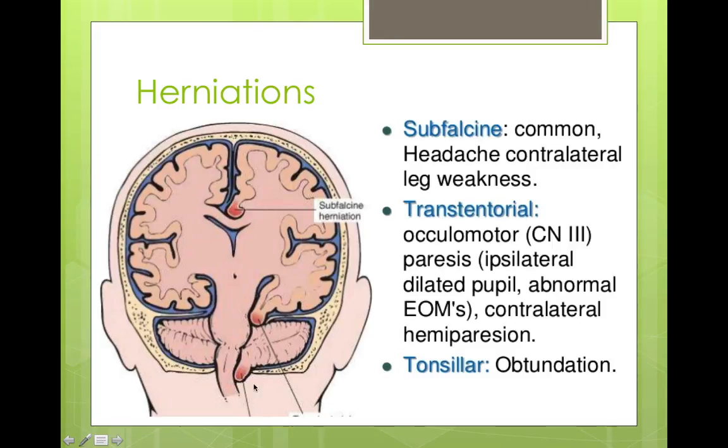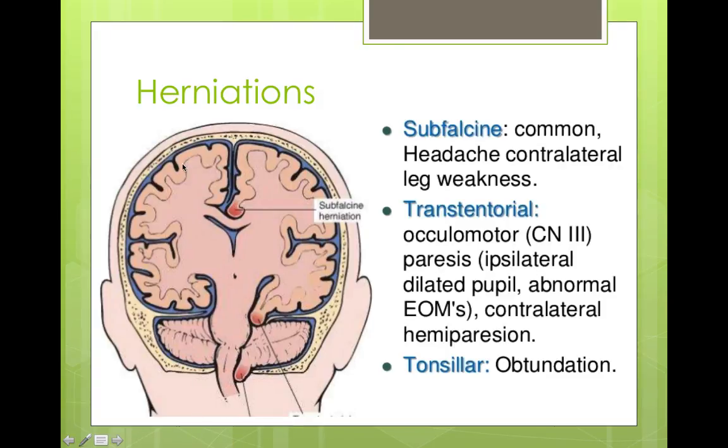So how can that happen? I'm just going to tell you that, and then you can go away. Remember that if somebody has an increased intracranial pressure here in the head, and you do a spinal tap on that patient, which means taking the cerebrospinal fluid from the spinal cord, you decrease the pressure down there because you take the fluid.